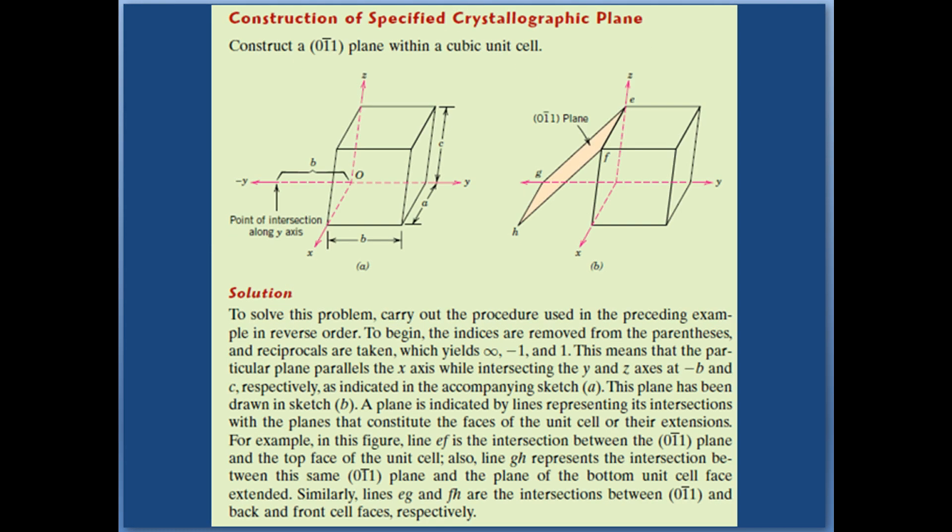Now we are going to see another example that is related to construction of specified crystallographic planes. In this particular example, the index numbers are given to us, and with the help of the index numbers, we are supposed to construct a specified crystallographic plane. In the earlier problem, we were given the plane and determined the indices. Now, given the indices, we are supposed to construct the plane, so exactly the reverse procedure is used.